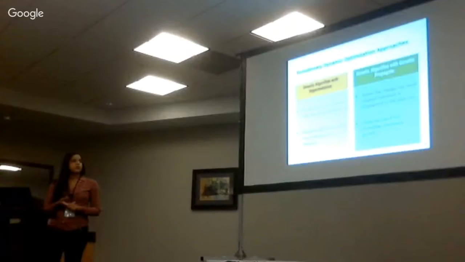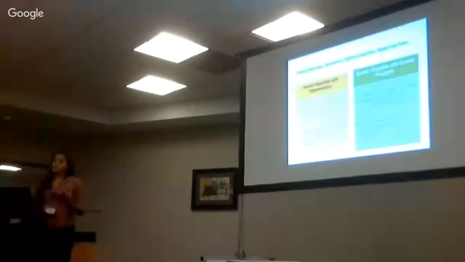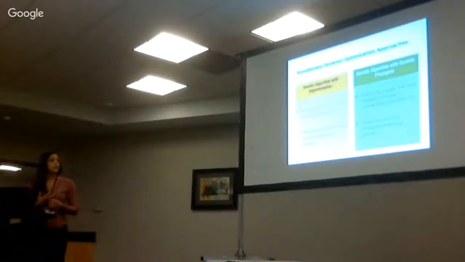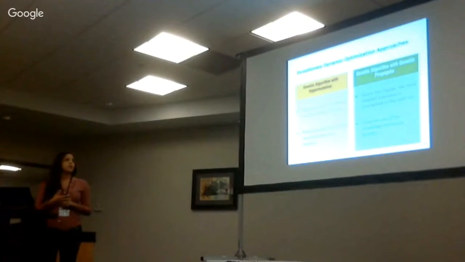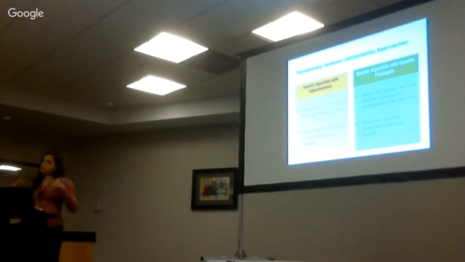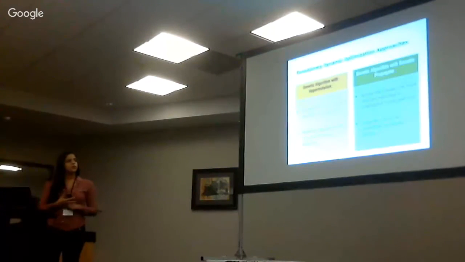We proposed two approaches based on evolutionary dynamic optimization. The first is a genetic algorithm with hypermutation, where the mutation rate is increased as the change happens. This mechanism allows the exploration of new subspaces of solutions.